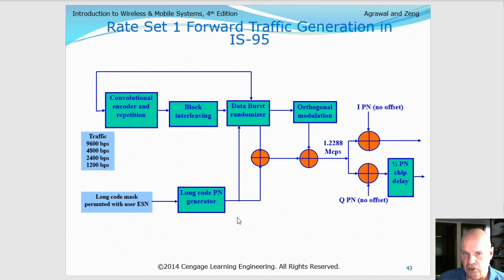And then for security, the data is mixed with a pseudo noise generator that depends on the user, a number associated with that particular mobile system. And then the orthogonal modulation is where the data is further mixed with the Walsh code that uses very short bits to produce the very short pulses that results in the spread spectrum.